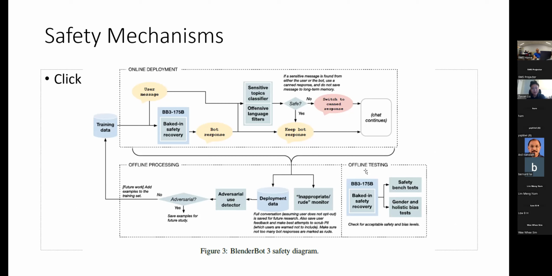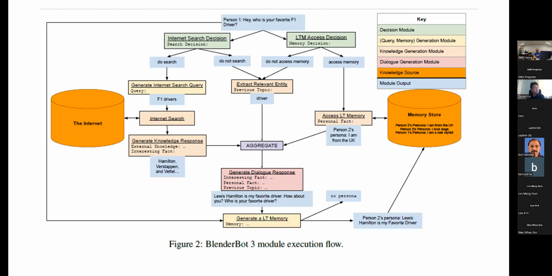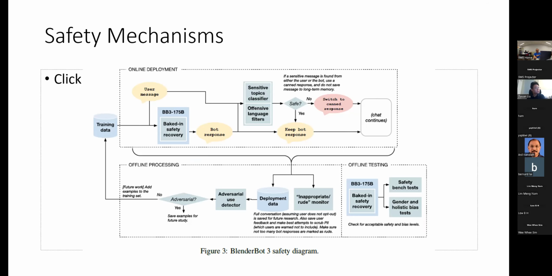You basically have a user who's uncooperative. He doesn't want to keep the conversation going along. He just wants to say stupid stuff. And yeah, that's an example of adversarial use. So this is basically an overview of the safety mechanism of Blenderbot.